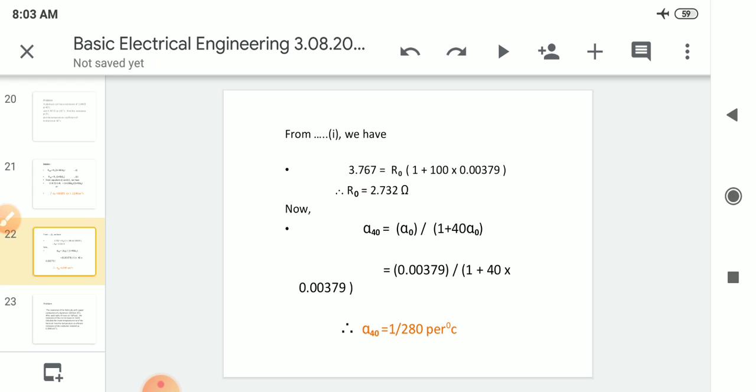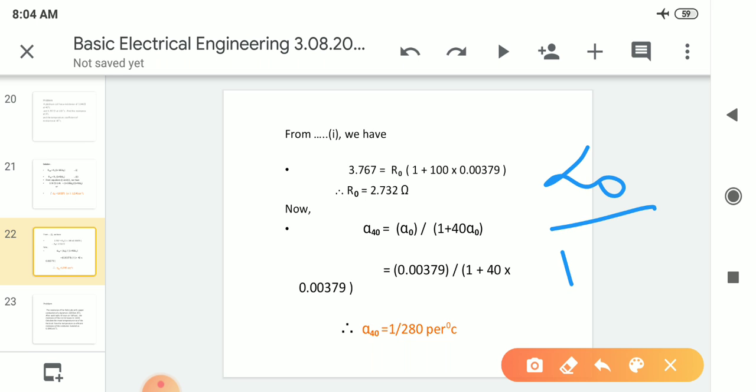This is one bit. Another bit is the temperature coefficient at 40 degrees. For this, the formula is alpha naught by 1 plus alpha naught T. We substitute the values.